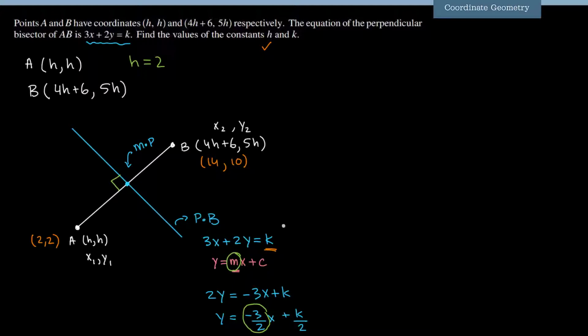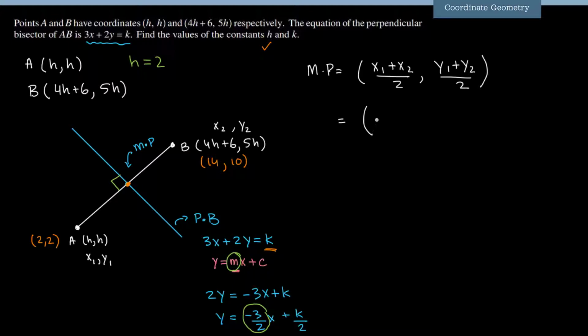We know that the perpendicular bisector passes through the midpoint of this white line. The midpoint satisfies this white line and also this perpendicular bisector. So let's find the midpoint of this white line. The formula of the midpoint is ((x1 + x2)/2, (y1 + y2)/2). x1 is 2 and x2 is 14.